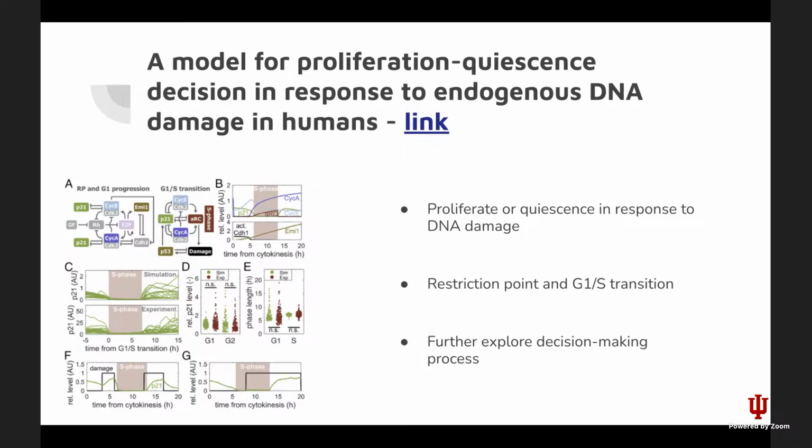This whole paper is about how, when there's DNA damage in a human cell, the cell responds and makes a decision on whether to continue the cell cycle by splitting or undergo the process of quiescence, which basically is to stop proliferation, to stop splitting.